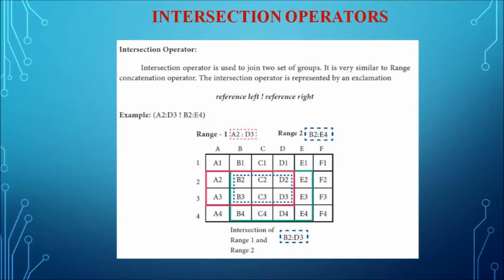The second group is B2 colon E4, starting from column B till column E. These are the two different groups. Among them there are some common elements: B2, C2, D2, B3, C3 and D3, shown in dotted lines. This is how the intersection operator works.